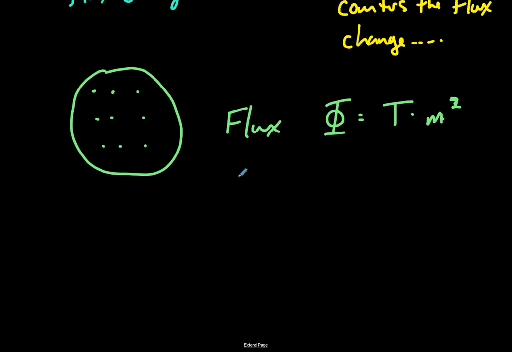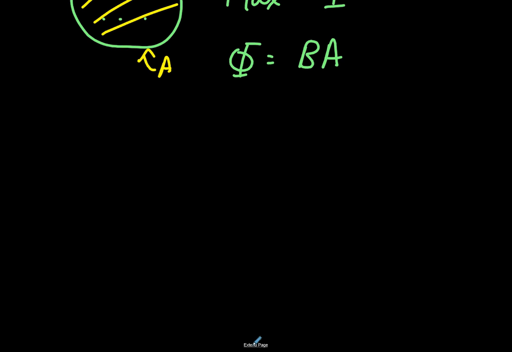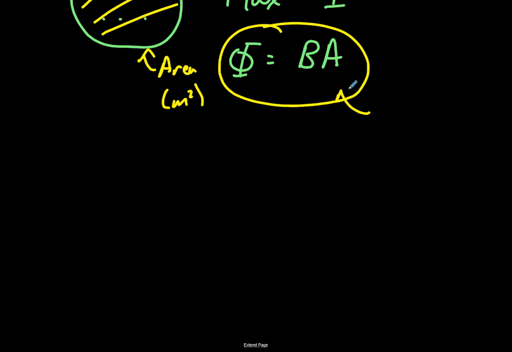Another way to say that is it's equal to B times A: magnetic field strength in Teslas times the cross-sectional area inside the loop. A is area in meters squared. This is the definition of flux, and its unit of measurement is called the Weber.